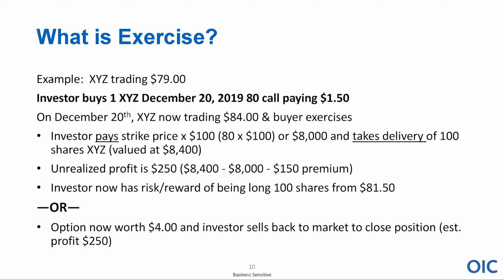The stock is at $84 per share, and we are at expiration Friday. And I decide, you know what, I like that stock. I have the right to buy it at $80 per share. I paid $1.50 for that right.